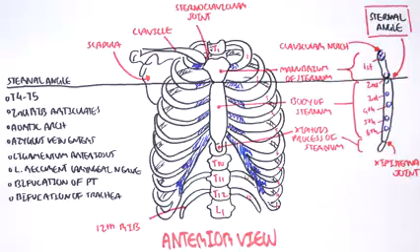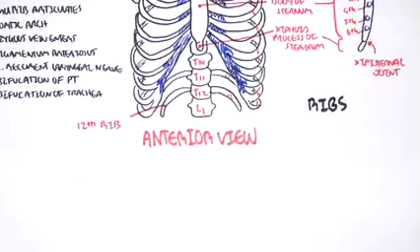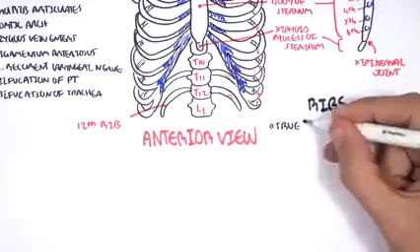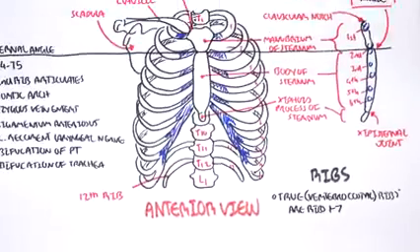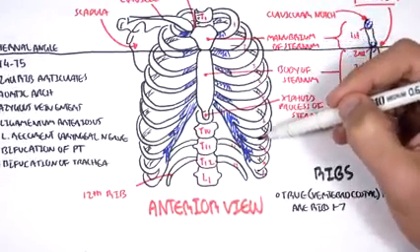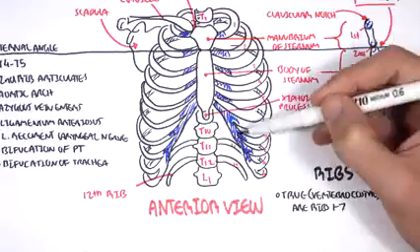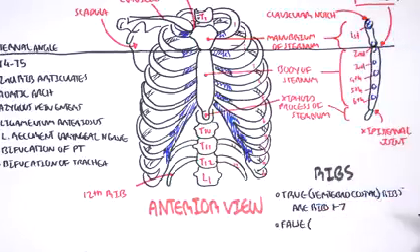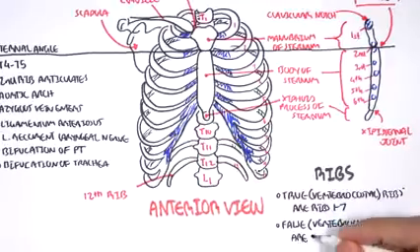Now let's talk a bit more about ribs. So ribs can be divided into true, false, and floating. True ribs are also known as the vertebrosternal ribs, which are ribs 1 to 7. These are ribs that originate from the vertebra and join to the sternum through the costal cartilages. Then you have false ribs, or vertebrochondral ribs, which are ribs 8, 9, 10.